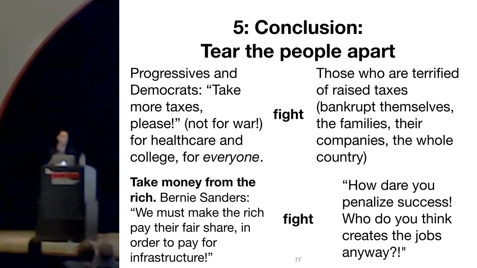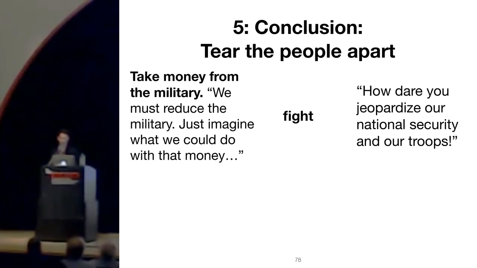Take money from the rich. Bernie Sanders still says, although he is doing better, Bernie Sanders still says we must tax the rich so they pay their fair share in taxes, so we can have infrastructure. Which triggers a huge population of people that say, how dare you penalize success? Who do you think creates the jobs anyway? Take money from the military.